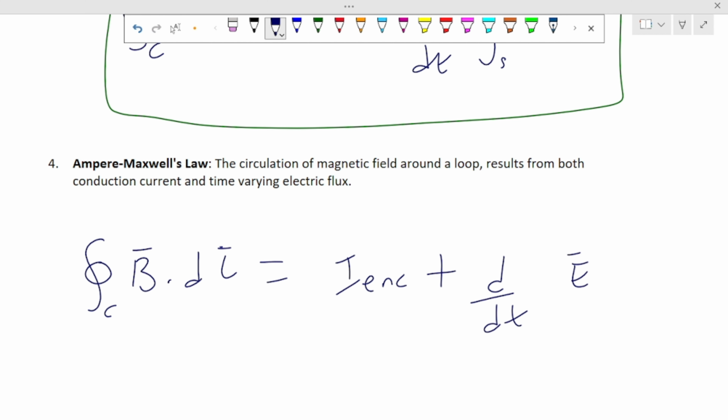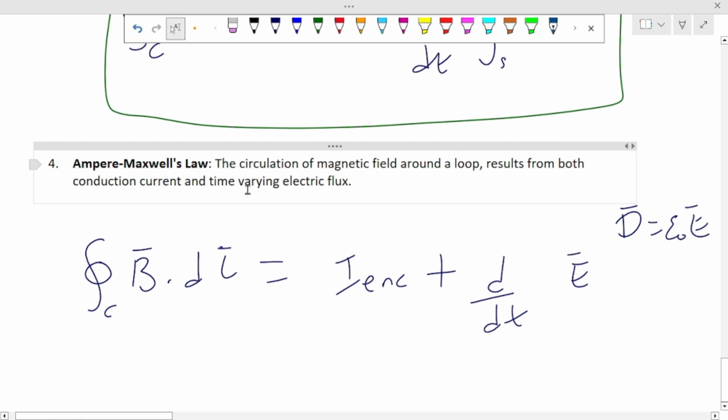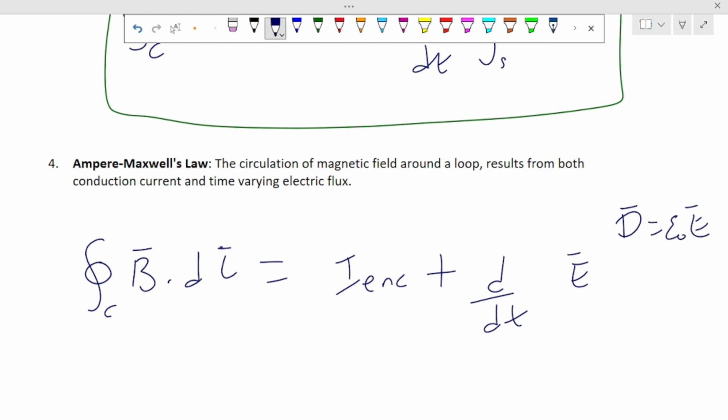Oh, that's correct. Electric flux should be D. Electric flux should be D, but D equals this and then this. Is that not so? Since it results from both conduction current, this guy, and time varying electric flux, this guy, instead of writing D, we wrote E. So we have to write this guy also. So we have it here.